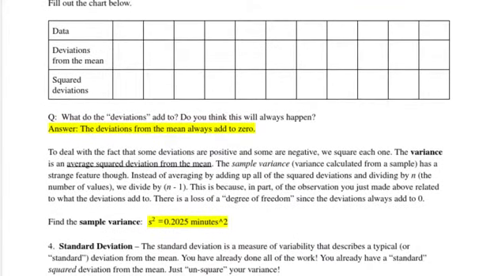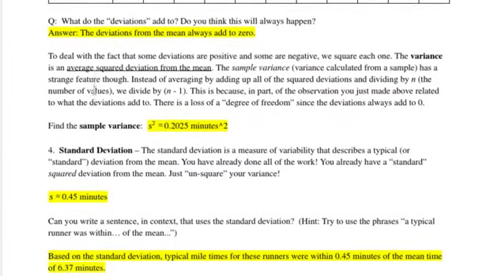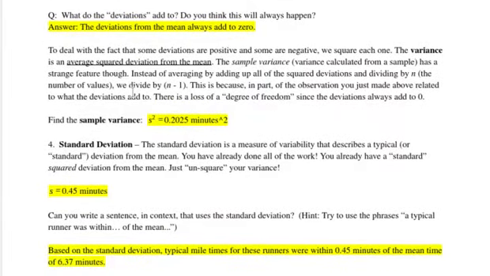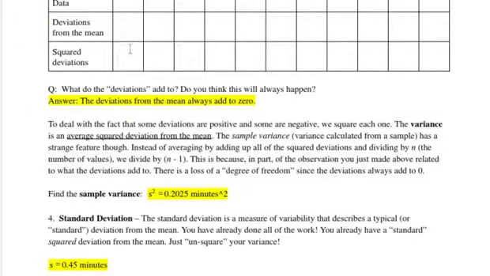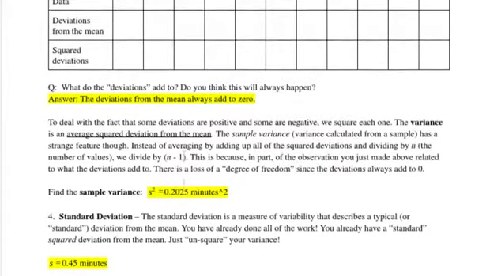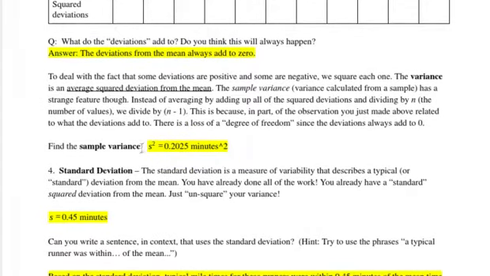So because of that, we deal with the fact that they always add to 0 by squaring them, because squaring numbers always ends up being positive. So you get all of these positive numbers that are squared deviations from the mean. And kind of following the directions here, if we describe a typical squared deviation from the mean by adding them up and averaging them, and there's a little note about dividing by n-1 here, so read that carefully, you'll see that the sample variance, which is the average of those squared deviations, is 0.2025 minutes squared.